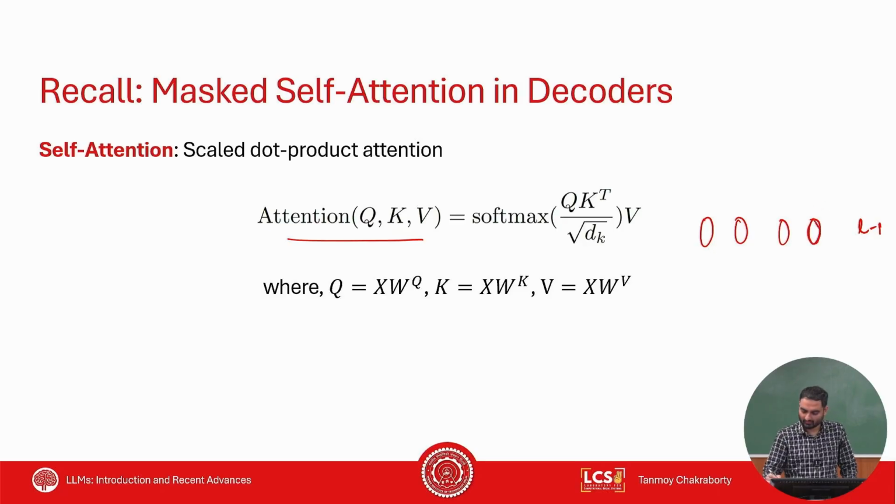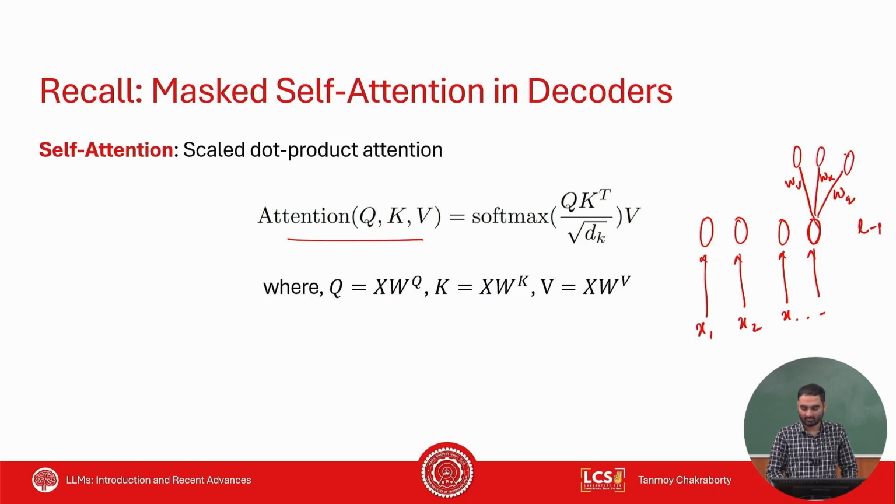For every hidden state, which corresponds to different inputs, let's say input x1, input x2, x3 and so on, we have 3 weight matrices: one corresponding to query, another to key, and another to value. And you obtain 3 different representations for every token. Each of these representations will be used in different ways.